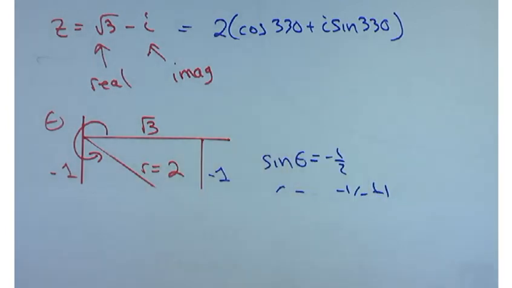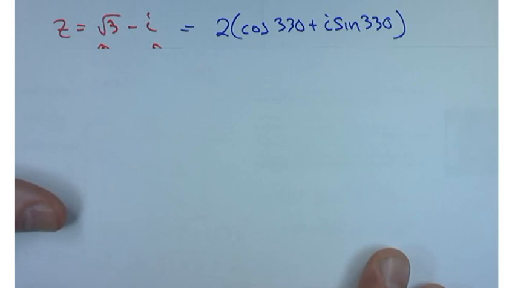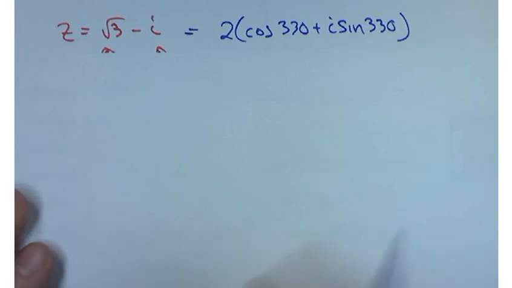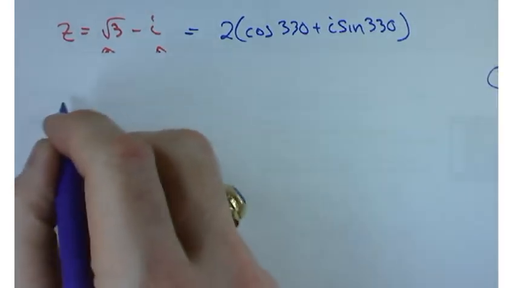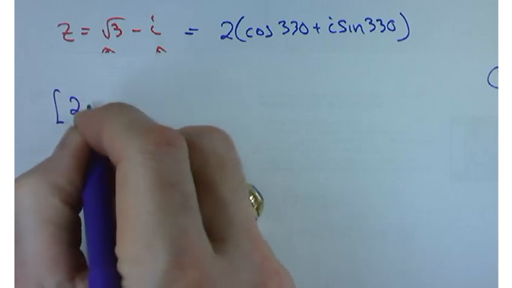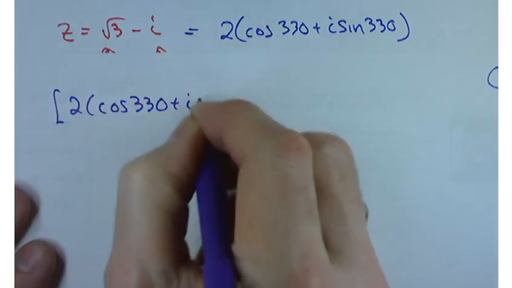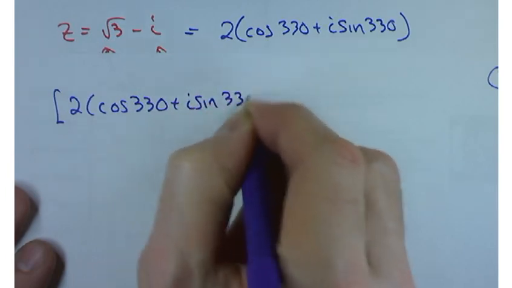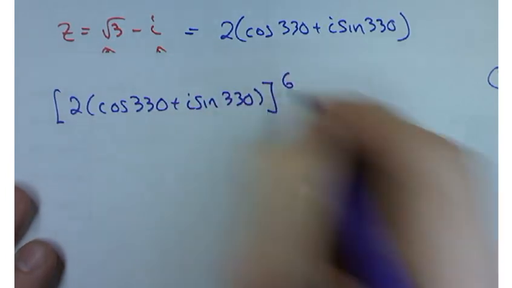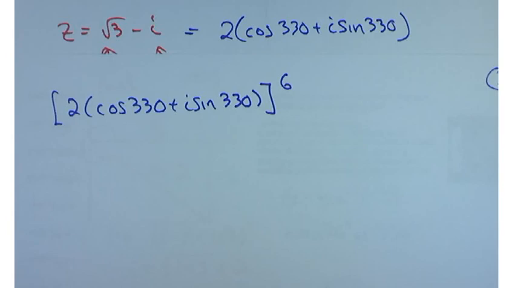That's looking good. Let's raise that to the 6th power. So I'm going to take 2 times cosine of 330 plus i times the sine of 330 and raise that whole thing to the 6th power.